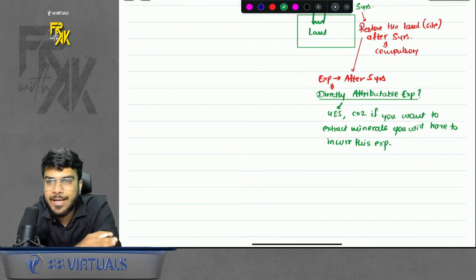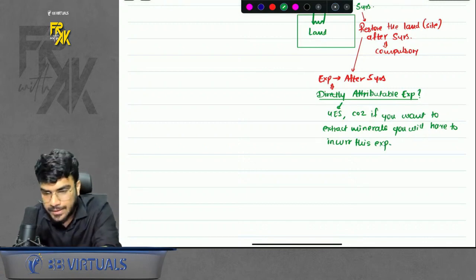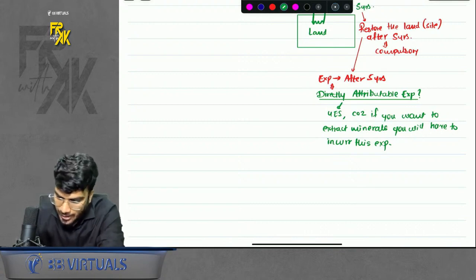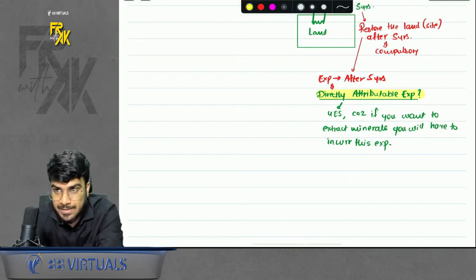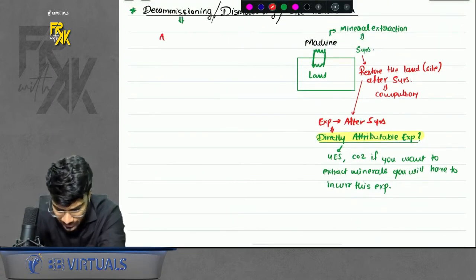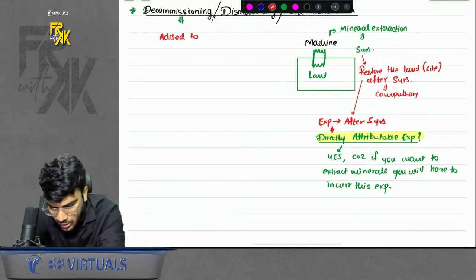There is no other remedy available with you. That is why this becomes a directly attributable expense. And if it is a directly attributable expense, then will this expense be added to the cost of the asset? The answer is yes, added to the cost of the asset.